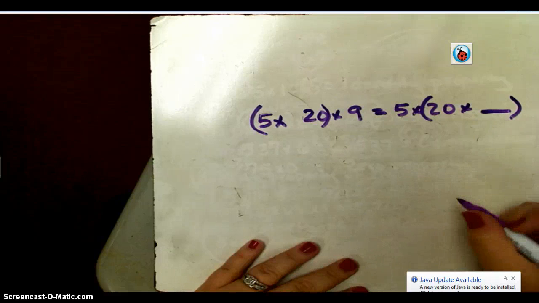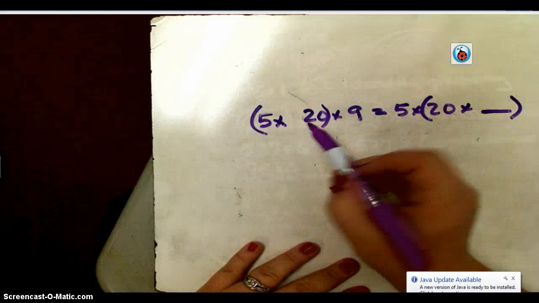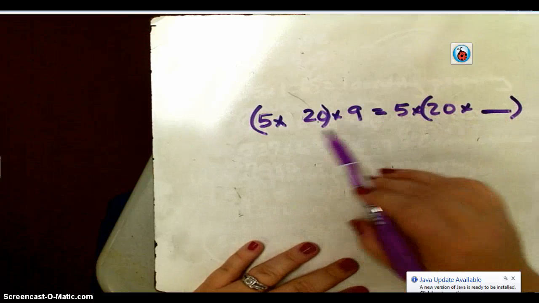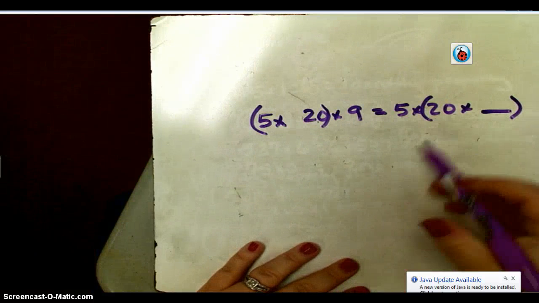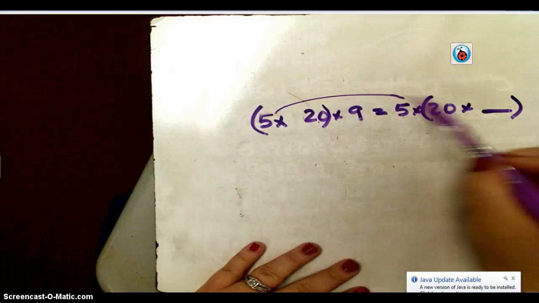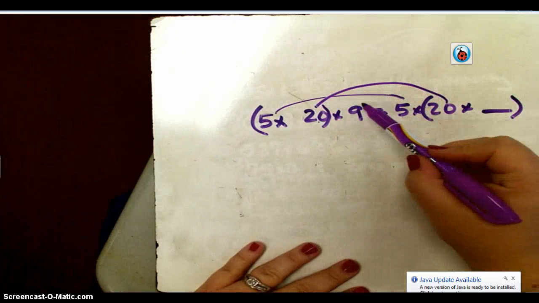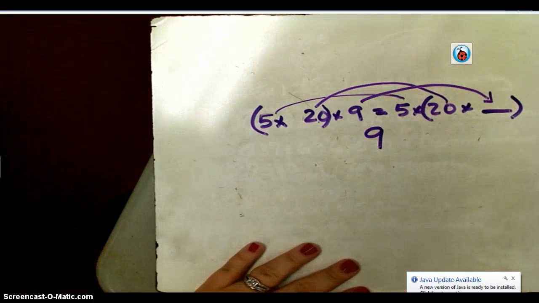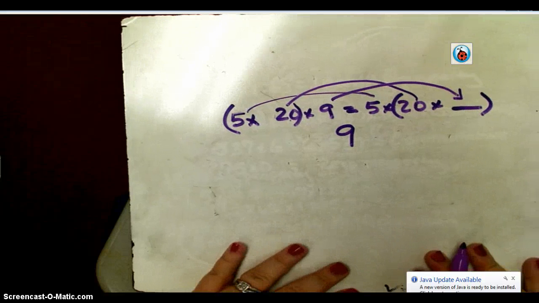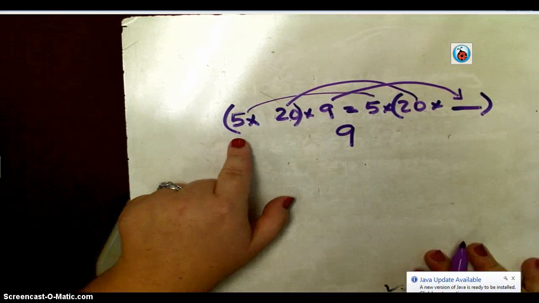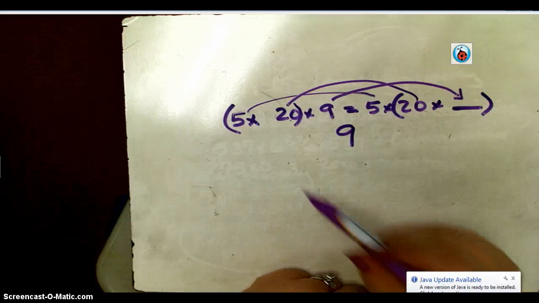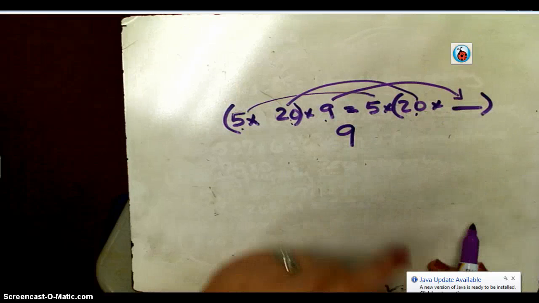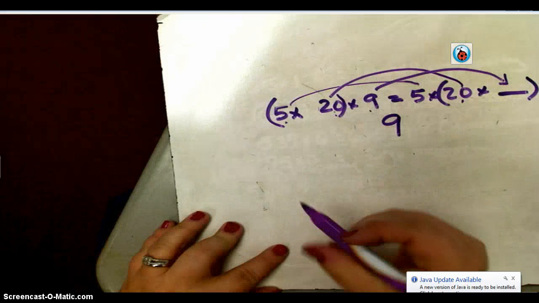If I think back, associative property tells me I can change the location of these parentheses, but it does not change the order of the numbers. So all I have to do is look to see, here I have my 5, here I have my 20, so my missing number has to be 9. So 9 would be the number that goes in the blank. So you have to be able to recognize that this is associative property, and then you have to remember that you use all the same numbers in associative property, and the number missing would be 9.